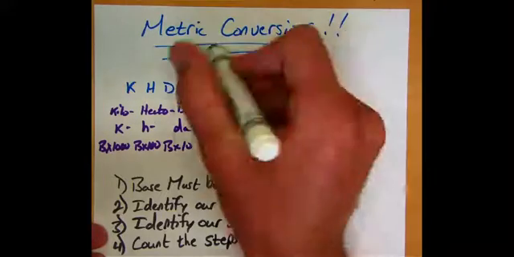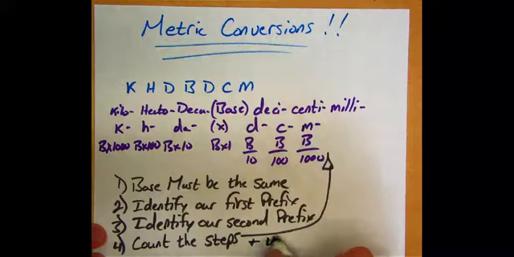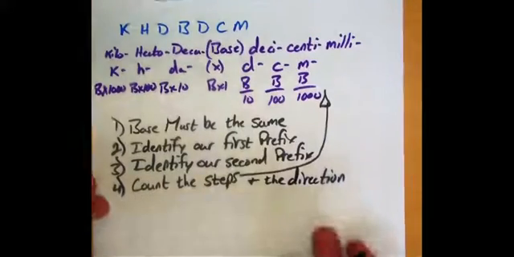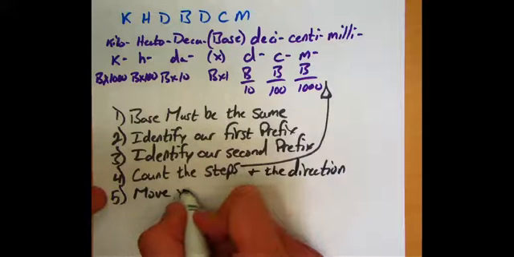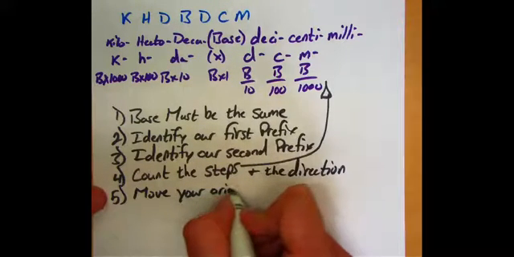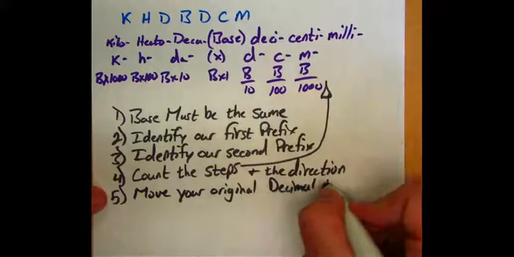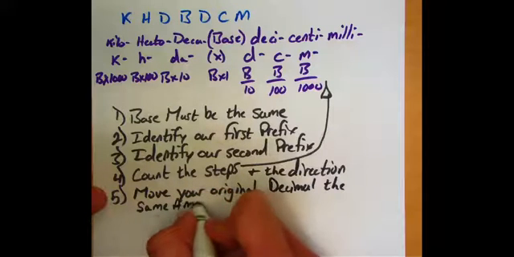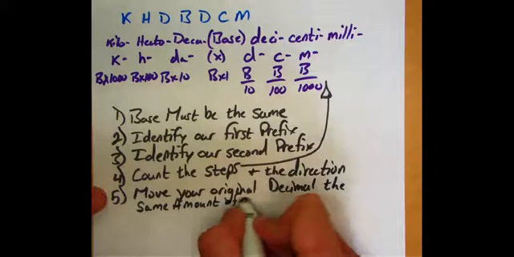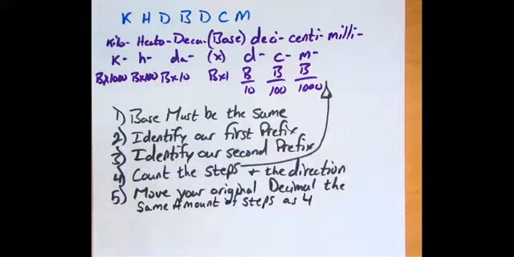So these are these steps from King Henry died by drinking chocolate milk, and the direction. Lastly, number 5 is just move the decimal place, your original decimal place, the same amount of steps as 4.